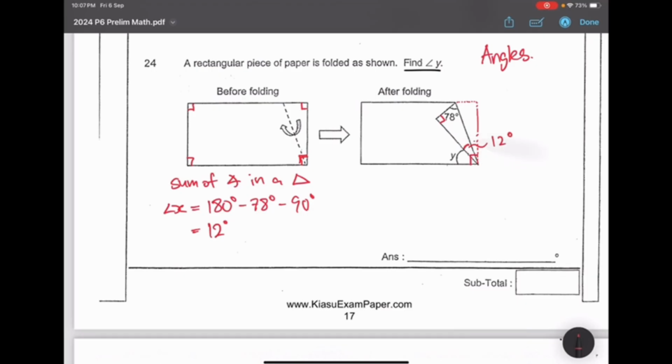If this is 12, this over here has to be 12 degrees as well. And angle Y is simply 90 degrees minus 12 degrees. And that would give me 66 degrees. And that is your answer for question 24.